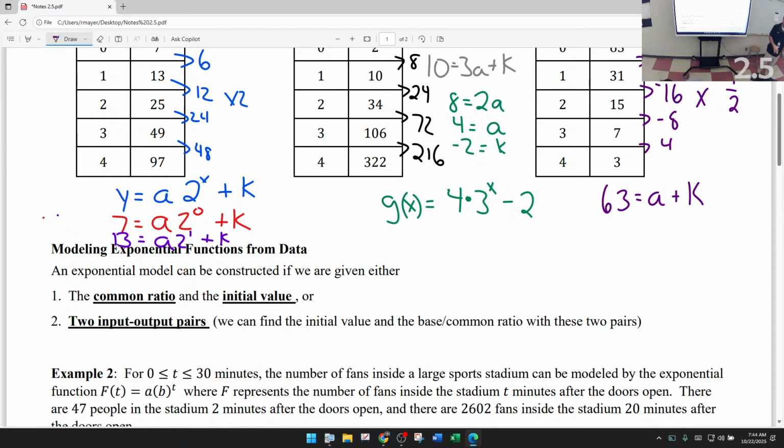Okay, it's always going to look like that if they give you the 0 value, which they typically do. They typically give you the 0 value. And then we got 31 equals 1/2 a plus the k.